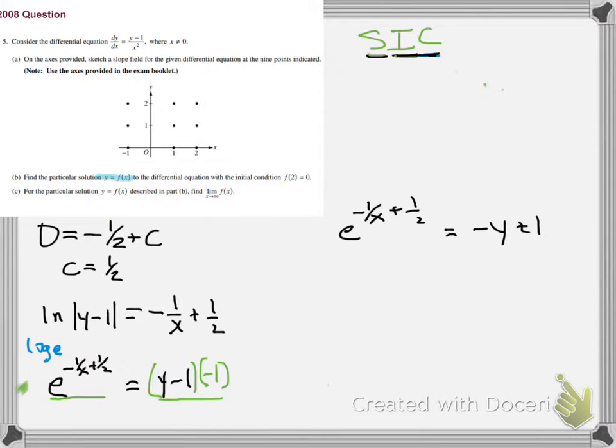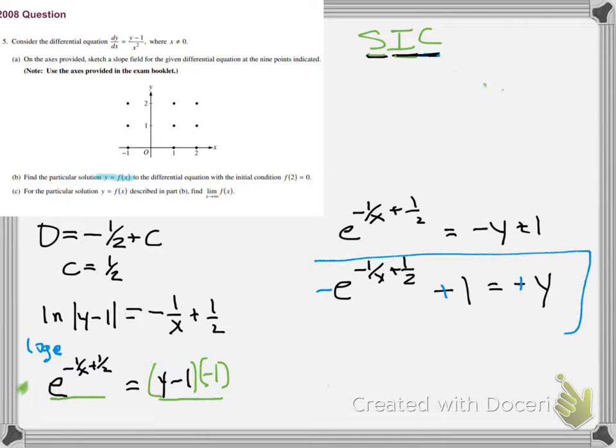And I can just solve at that point in time. E to the -1 over x plus 1/2, I can subtract 1 from both sides, and that's going to equal -y. And then I can just go ahead and multiply both sides by a negative. And there's my final answer.